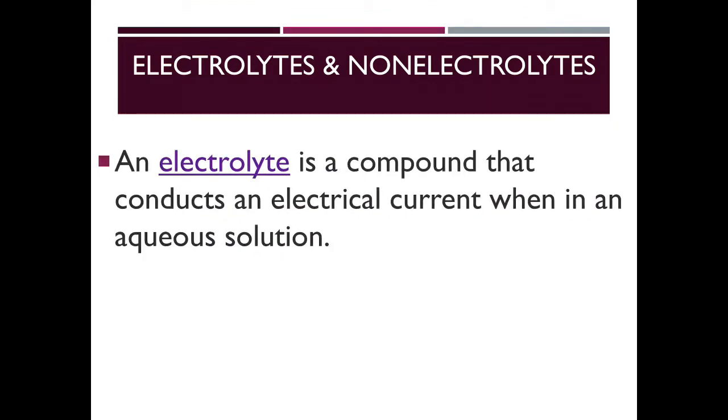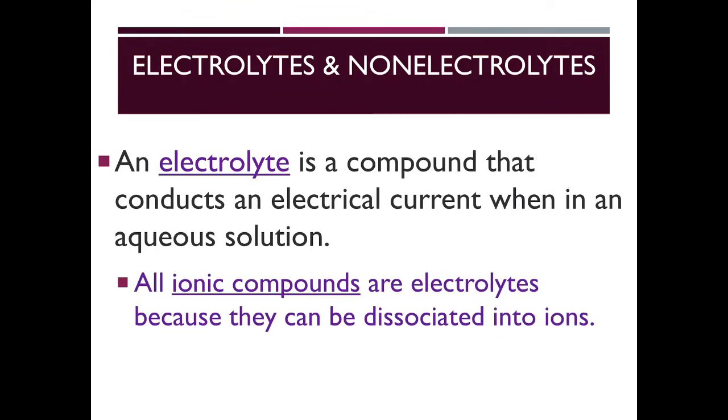Electrolytes is just a term for something that can conduct electric current when in aqueous solution, i.e. an ionic compound, right? All ionic compounds are electrolytes. They dissociate into ions, and they can conduct electric currents. So if you see this term electrolyte, really we're just looking for ionic compounds. Whereas non-electrolytes are most times going to be covalent molecules because they don't dissociate.